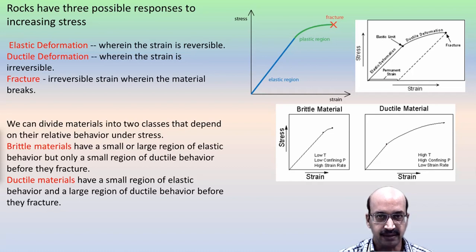And within elastic limit, the strain is directly proportional to the stress applied. After the elastic limit, the strain is irreversible. Within elastic limit, strain is reversible, and after the elastic limit, the strain is irreversible.